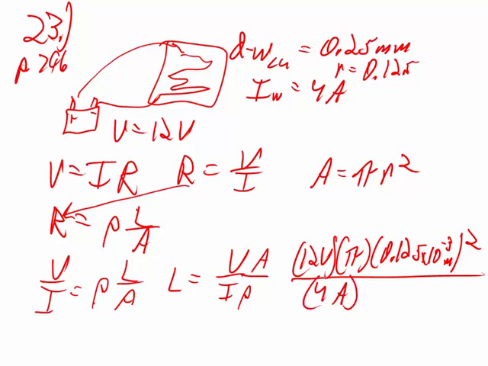If you look on page 782, table 22.1, that is 1.7 times 10 to the negative 8 ohm meters.